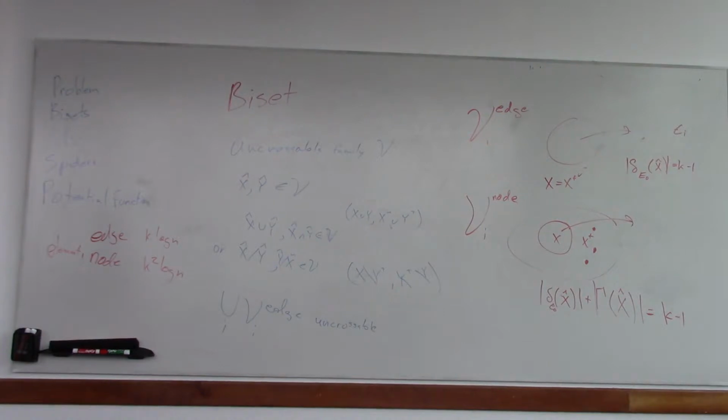It's like when you're doing max flow min cut, and you look at the dual and you do the uncrossing. It's the same sort of idea there, where your tight sets form this uncrossable family, except we're now saying our tight bisets, or the bisets we care about, form this uncrossable family.